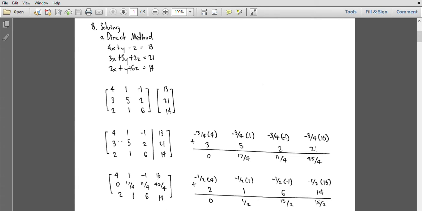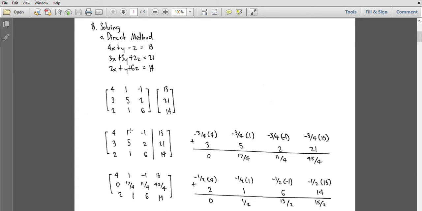First, multiply the first row by a constant that will make this 0 if we add the first row to the second row. Since it is positive 3, then what number can we add to it to make it 0? Negative 3, right? Thus, we have to multiply 4 by something that can make it negative 3.